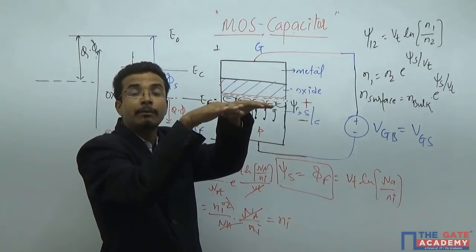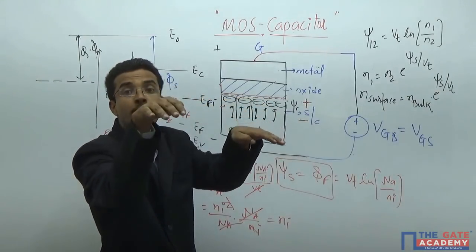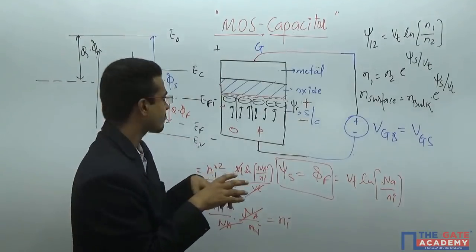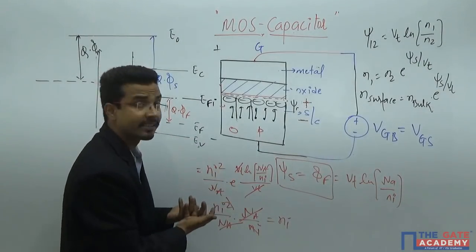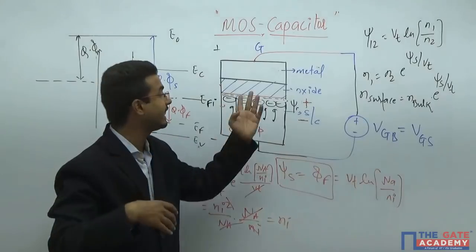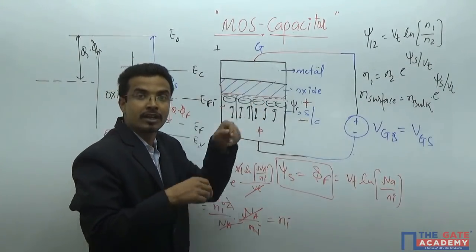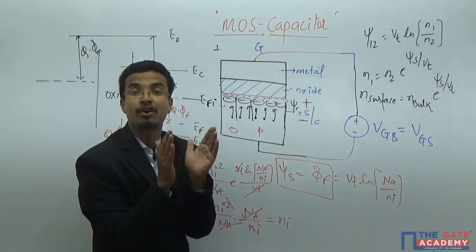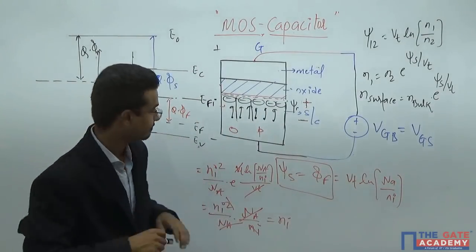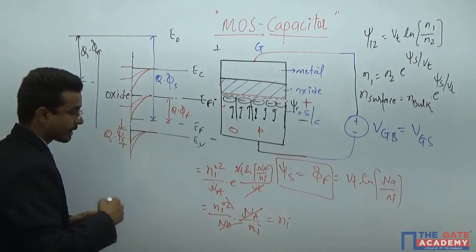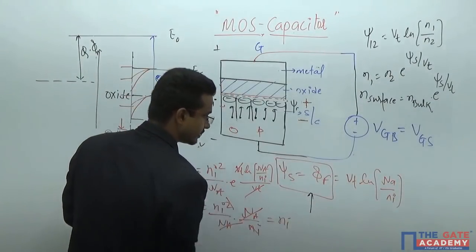Then only the multiplication of both charge carriers will be Ni square, the mass action law. And why can you apply this? Because you have assumed that no charge is transferring from here to here, and the mass action law is only valid for the equilibrium condition.